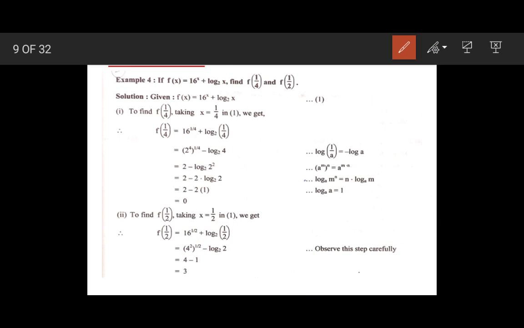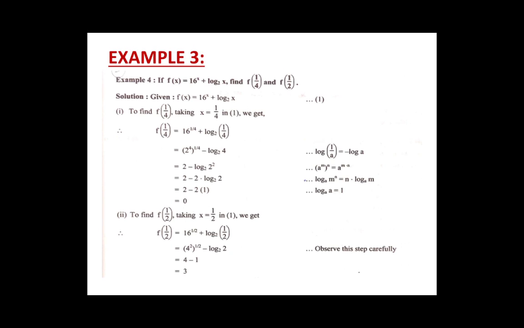And we know that log a to the base a is 1. That's why this log 2 to the base 2 will be 1. So 4 minus 1, that is equal to 3. Okay, so f of 1 upon 4 is 0 and f of 1 upon 2 is 3. Now let's see one more sum.